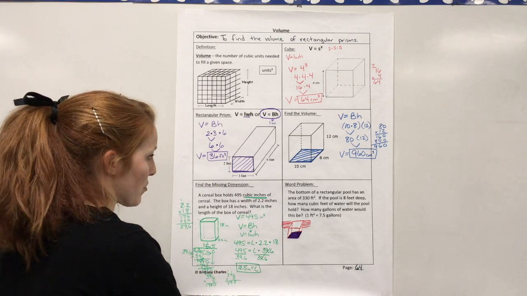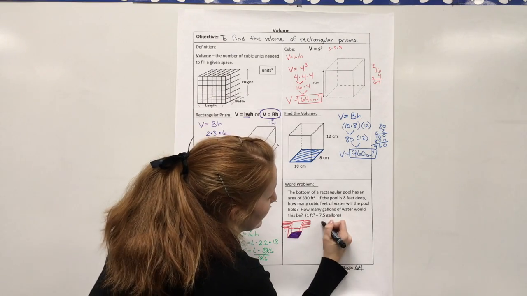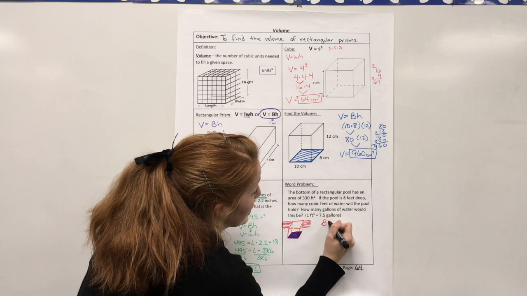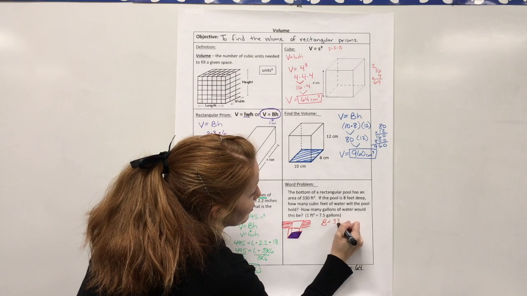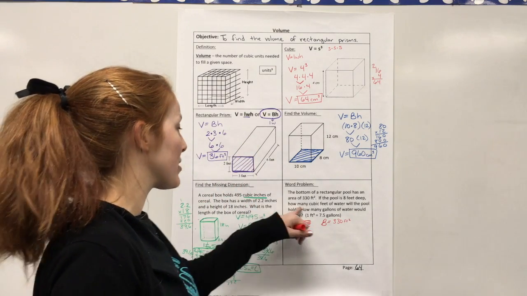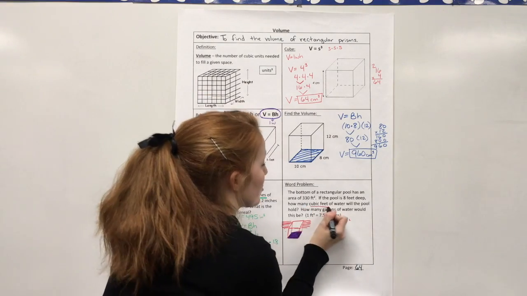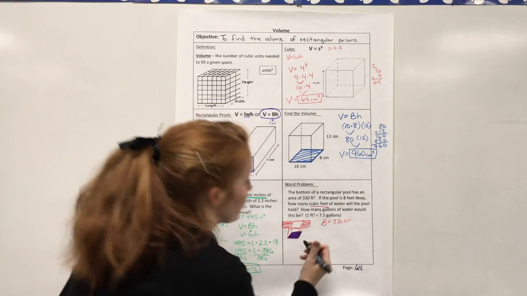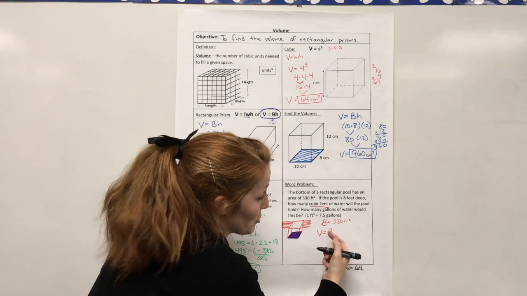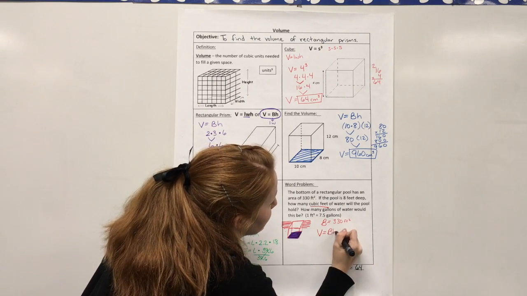So the area of the bottom of my pool, in other words, the area of the base, so capital B equals 330 feet squared. And first of all, it wants me to find the cubic feet, so it's looking for volume. Well, let's do the formula.